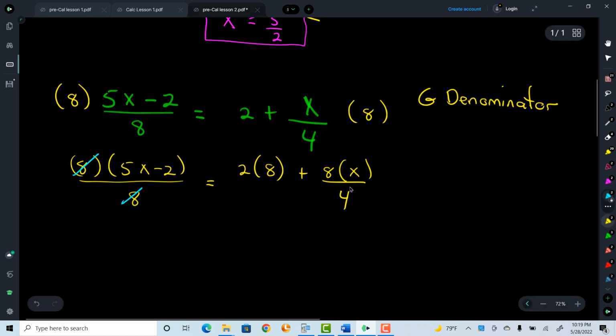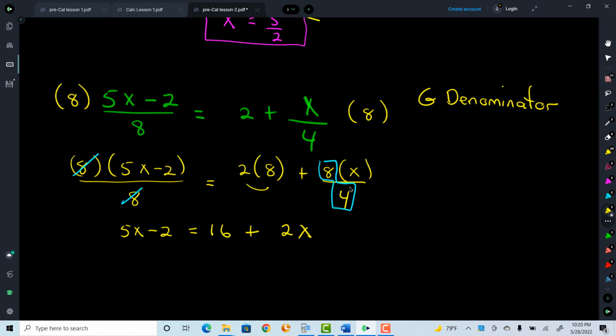So I have 5x minus 2 equals, right, 2 times 8 is 16 plus, now this 8 and this 4 will reduce, and that's going to reduce to 2x.